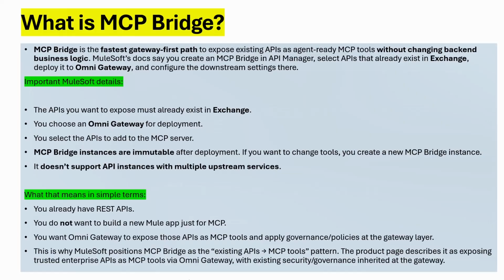Create a new employee is another MCP tool. Like that, if you have different functionalities, different endpoints in your API, those functionalities will be treated as MCP tools. So this MCP Bridge will convert your complete REST API into an MCP server and MCP tools, without changing any business logic.